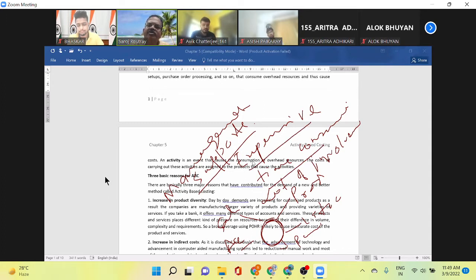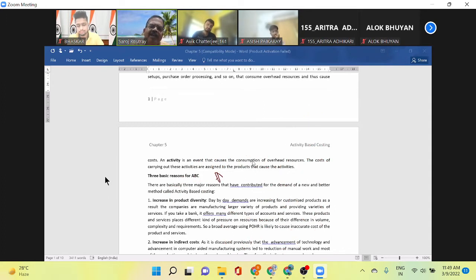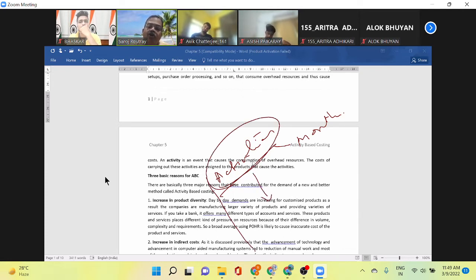Why is it time consuming? Because you have to identify all the activities. So you have to observe for months to arrive at what are the different activities you are doing, and then put those activities into cost pools.